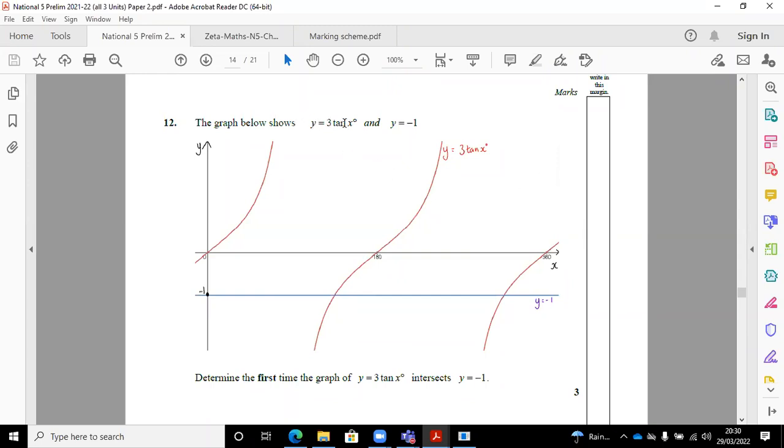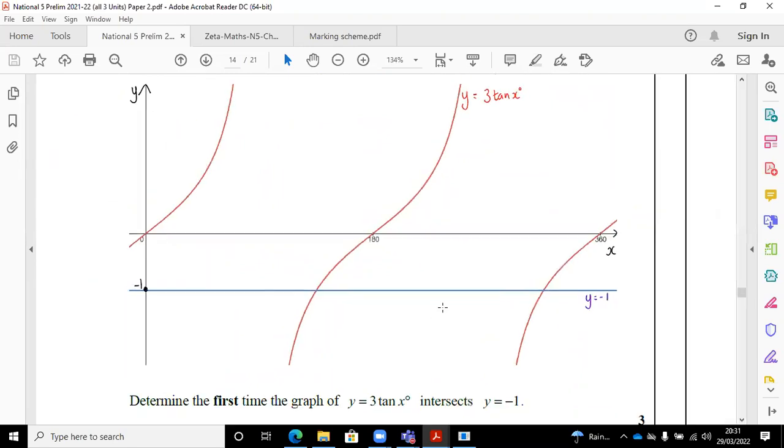We've got y equals 3 tan x. Now, the amplitude doesn't really matter in this case. What we're looking to do is find where the two lines intersect. We've also got a line, y equals -1. That's just a horizontal line. It's a blue line there, it might not be very clear.